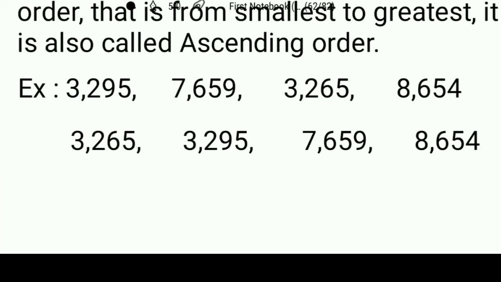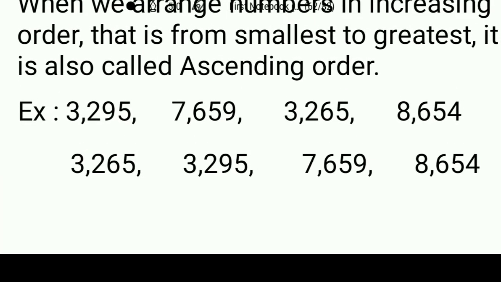Again the same thing here, 3,000s are the same in both. In 3,000, 295 and 3,265. So we have to see the smallest one. Smallest number is 265.